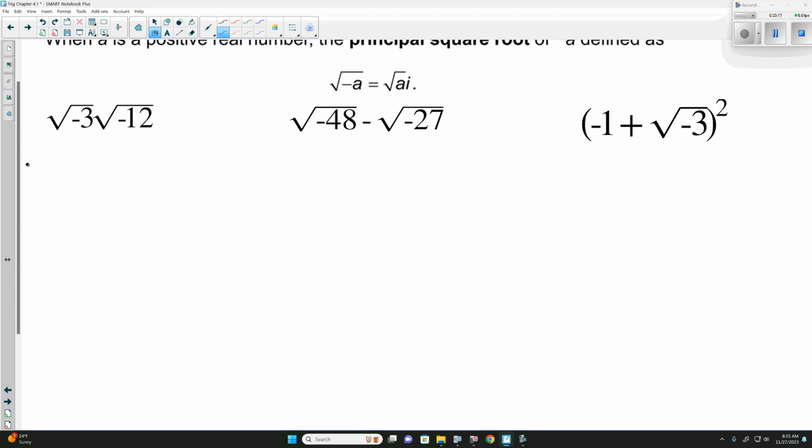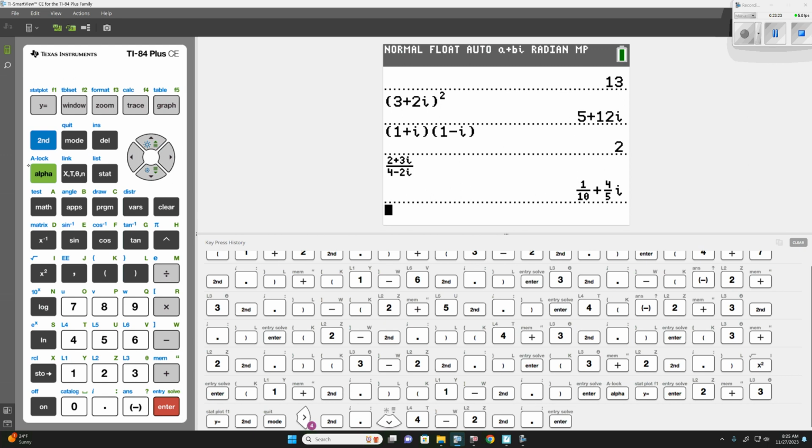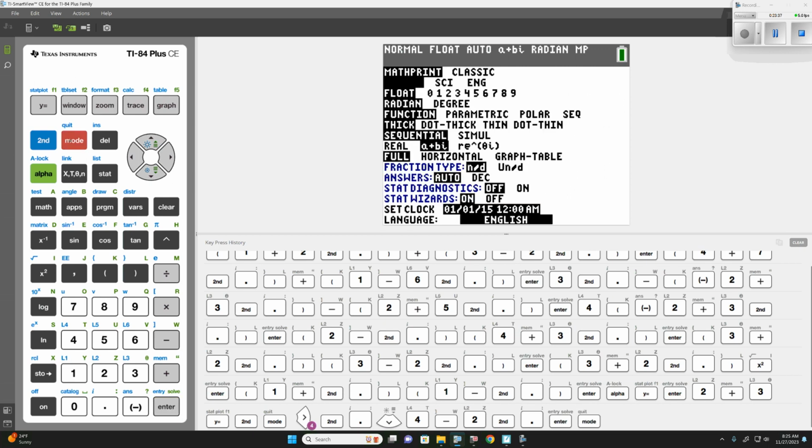Because if we look at the first one, the square root of negative 3 times the square root of negative 12, we can type it into the graphing calculator. Between auto and radians, we do need it to read a plus bi. If it reads real, it's not going to work. And to change it, we go into mode, down to where you see real about halfway down the screen.